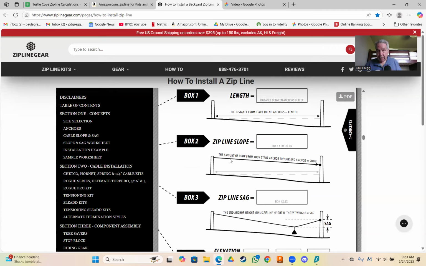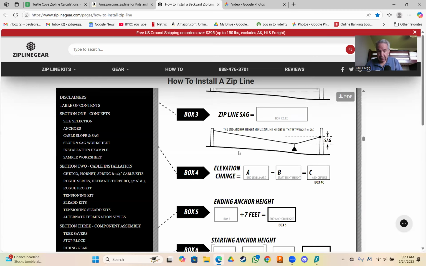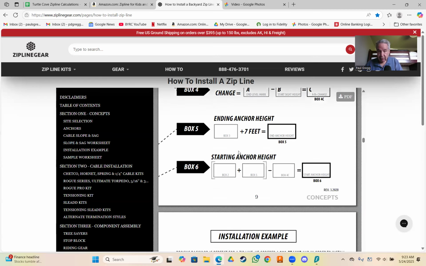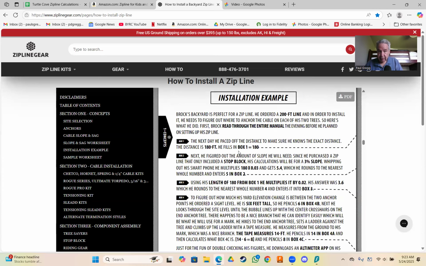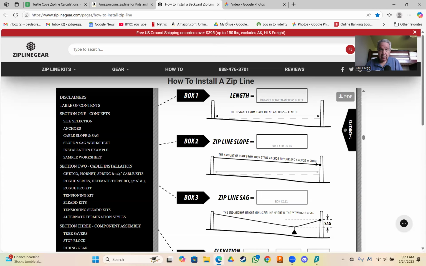This is the actual slope on horizontal, and then the sag is how much it's going to sag when you're riding it, and they suggest the sag be around 2% of the length. They say the zip line slope should be 3 to 6%. Then you fill out this little form, and that was a good starting point.